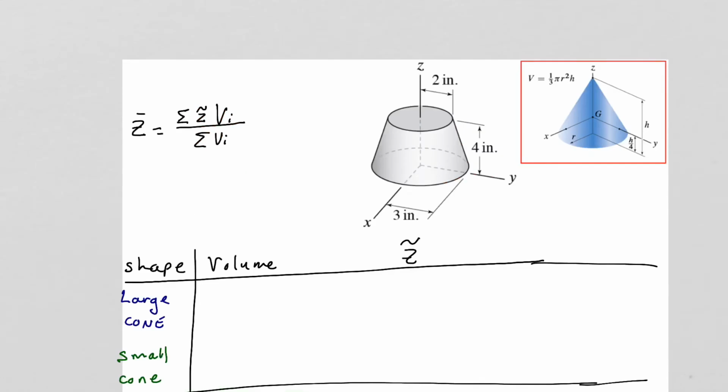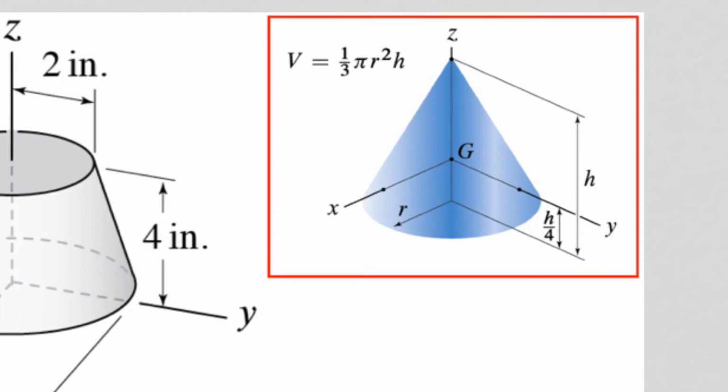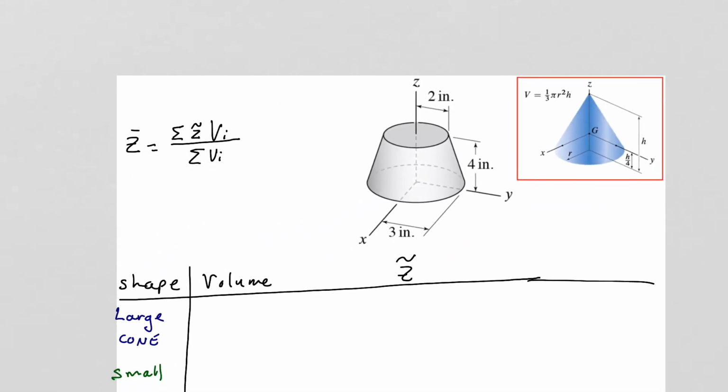And if we look at this in our equation, and again the denominator has the volume, we need to find the volume for this. And in our equation in the back of the book, we see that the volume is equal to 1/3 pi r squared times the height. The question is, we know what r is for the large cone, and we know r for the small cone, but we don't know the height of the other cone.